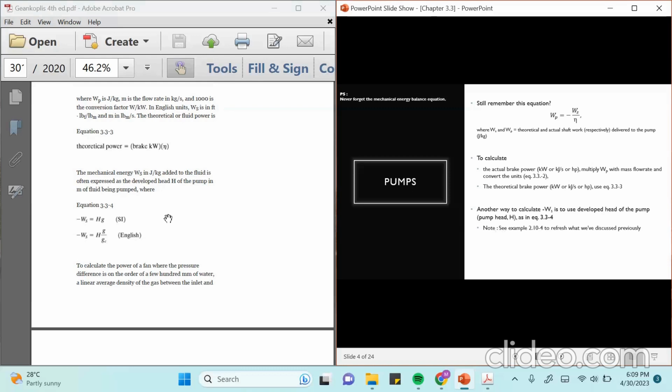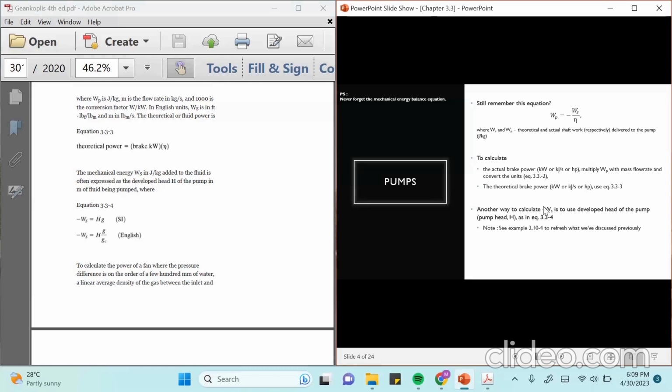Actually, these equations have been used in chapter 2. You can refer to example 2.10-4 to refresh what we discussed previously about the developed head of the pump versus WS. So maybe I want to know the brake power when I know the developed head of the pump.